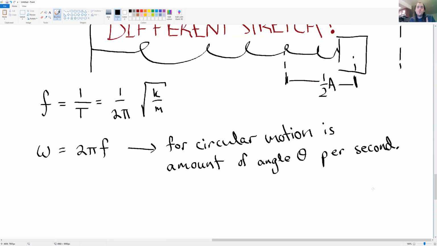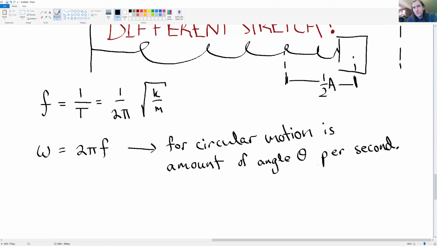But there's no clear physical description of omega when you don't have a circular motion like that. So we just call omega the angular frequency and simply multiply the frequency, which is the real physical thing, by 2 pi. That's what we do because it simplifies formulas.